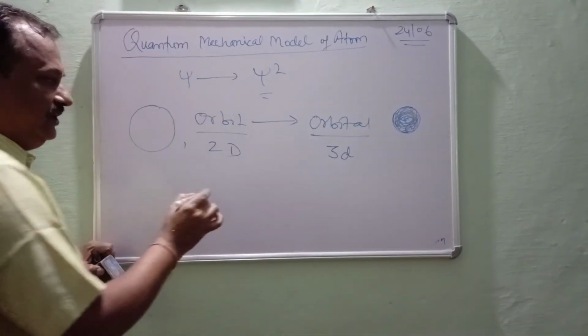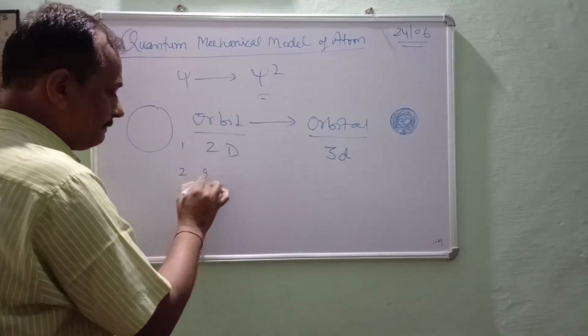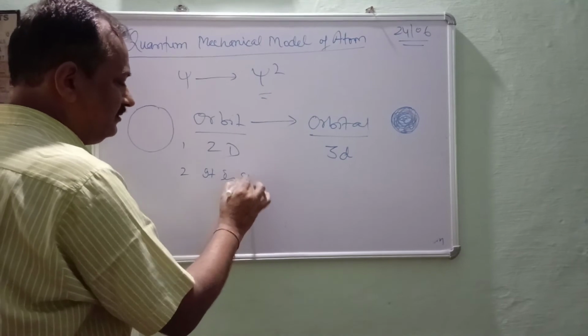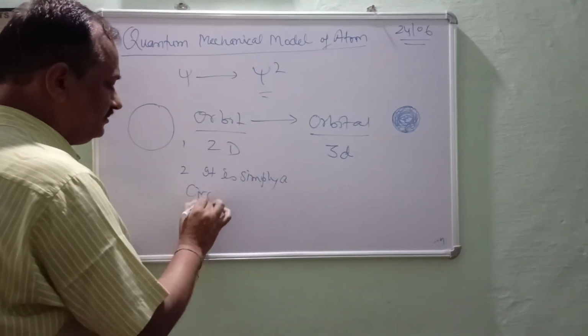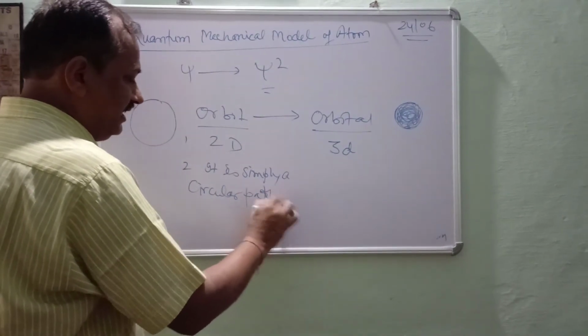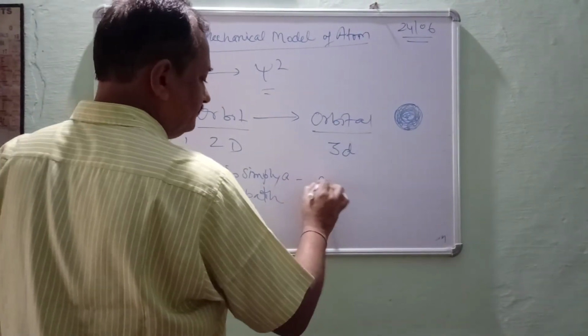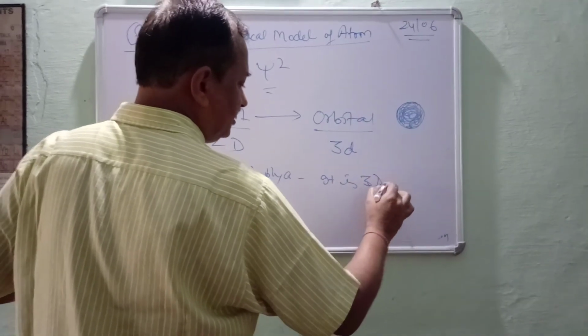So this is the first point. The second point: an orbit is simply a circular path, while an orbital is a 3D distribution.